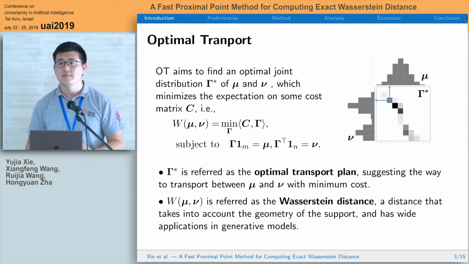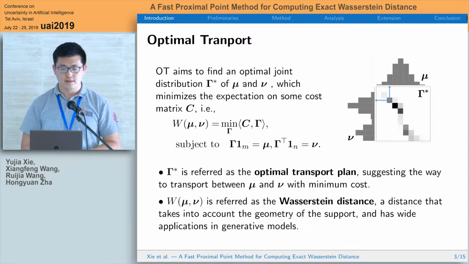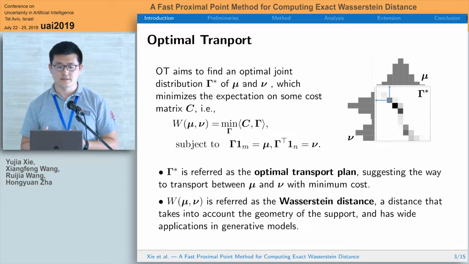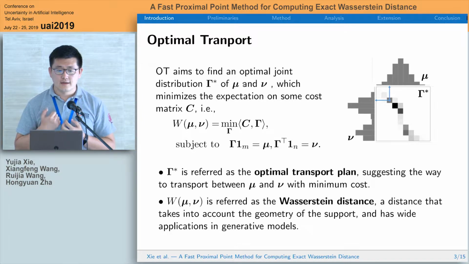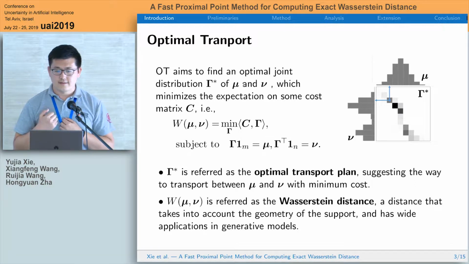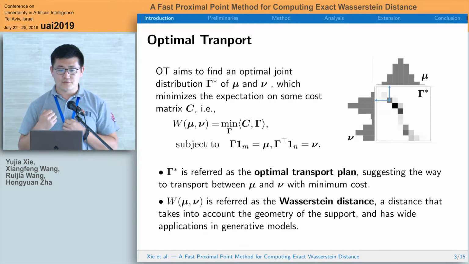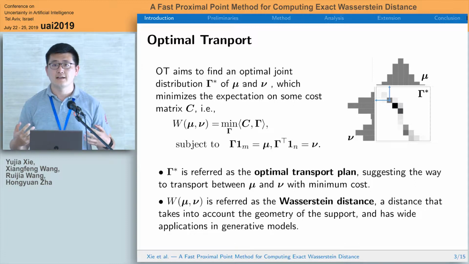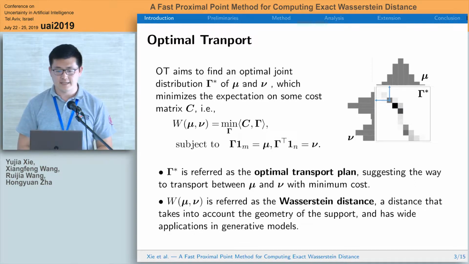Given two marginal distributions, mu and nu, the optimal transport problem aims to find an optimal joint distribution, gamma star, which is also called the optimal transport plan. The optimal joint distribution minimizes the expectation based on some given cost matrix C. So we can obtain a linear programming formulation.